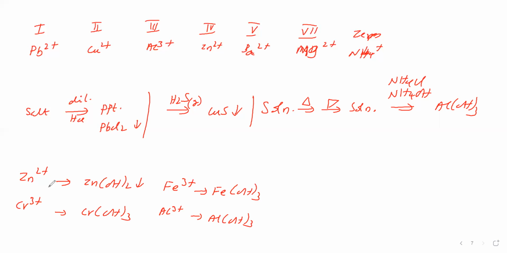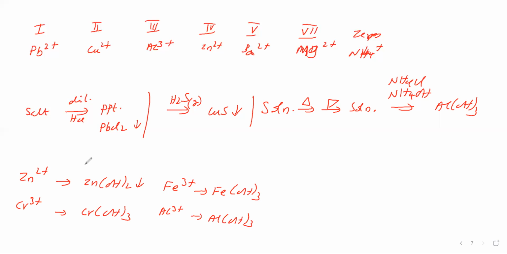Then why do you say zinc comes under group 4? Zinc is not precipitating in group 3, that's why it goes to group 4. Only group 3 cations will precipitate in group 3; group 4, 5, and 6 cations will not. But we said zinc with aqueous ammonia gives a white zinc hydroxide precipitate.